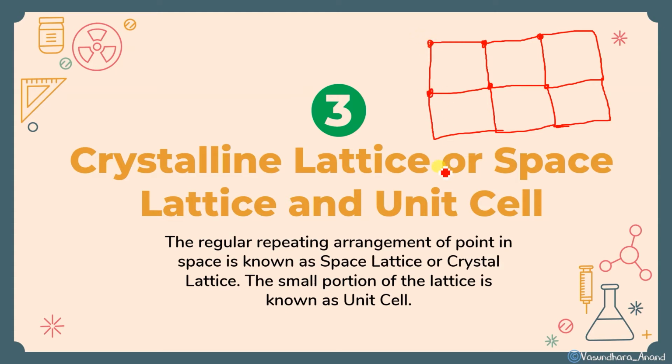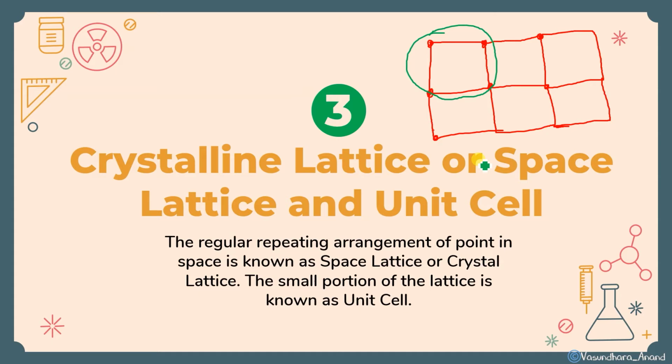If we combine these lattice points, it will give you a proper shape. And if we see one particular unit, this one, or you can say another one, this one small portion will be called the unit cell. So is it clear, bache? Be sure about the unit cell, because all the study we will do is for the unit cell only.